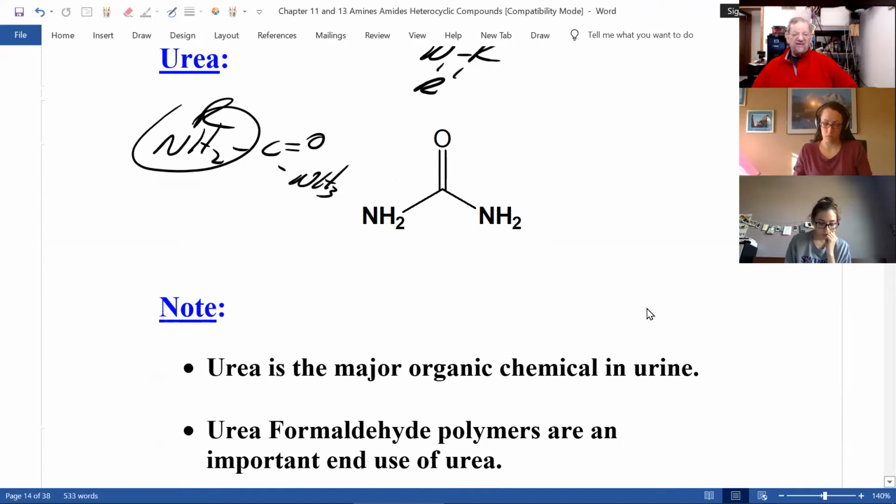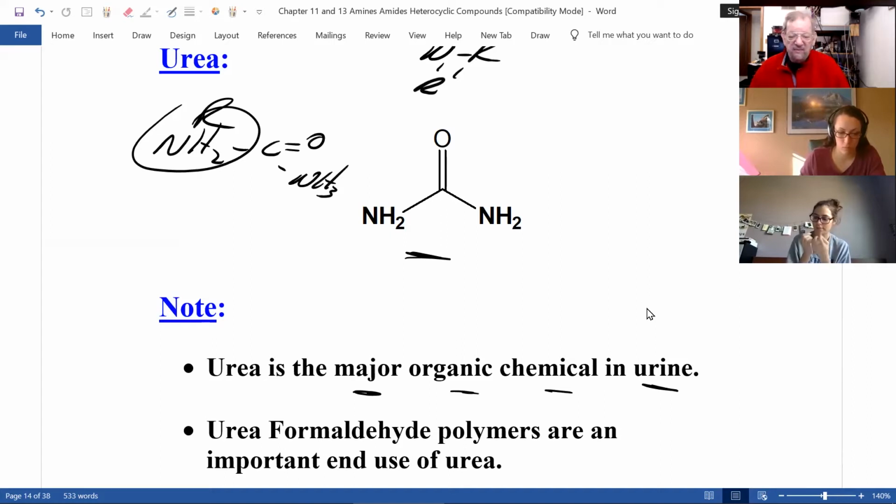And an important thing, this is called urea. It's a white solid at room temperature. I've worked with lots of it at one company. And it's the way your body gets rid of nitrogen waste. It's the major organic compound in urine. I wonder which came first, the name urea or urine. One day I'll look that up, but not today.